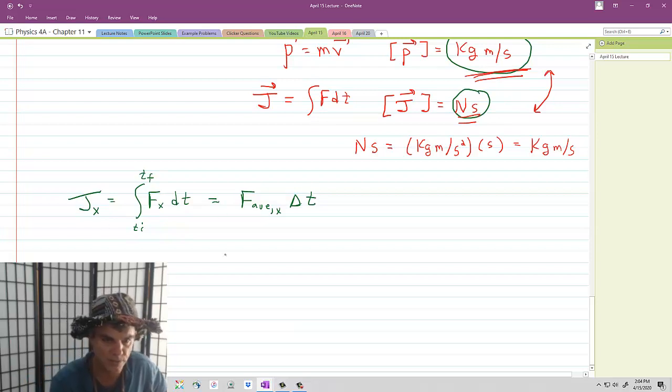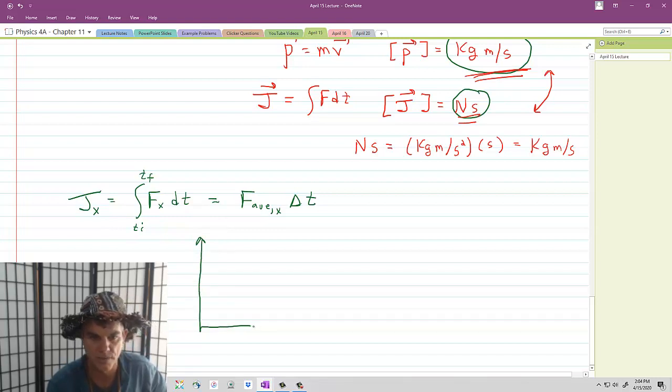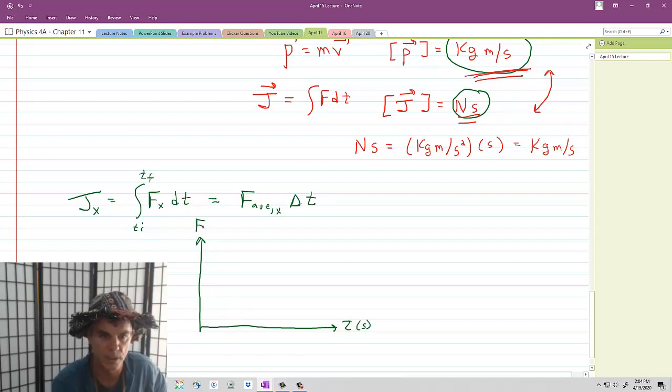Well, if this is my plot of force versus time. So here's my time in seconds, and here's my force in the x direction in newtons. And let's say here's where the collision starts, or the force starts. Here's where it ends.